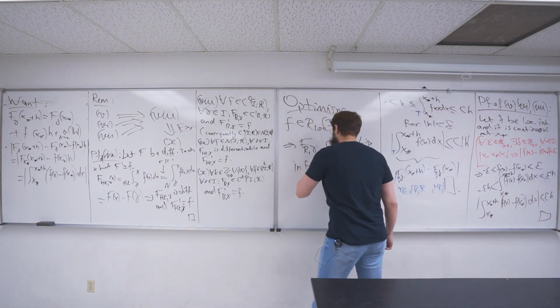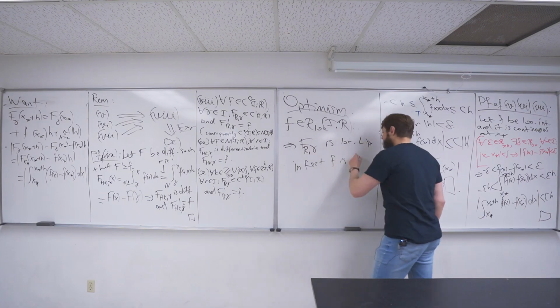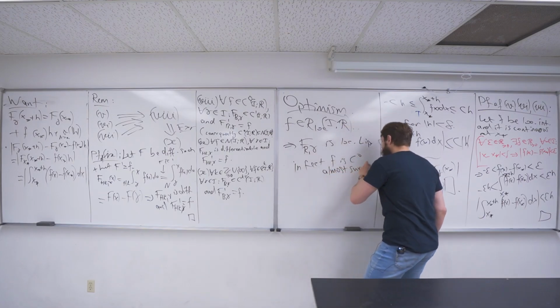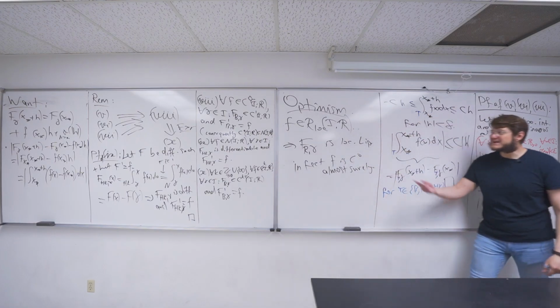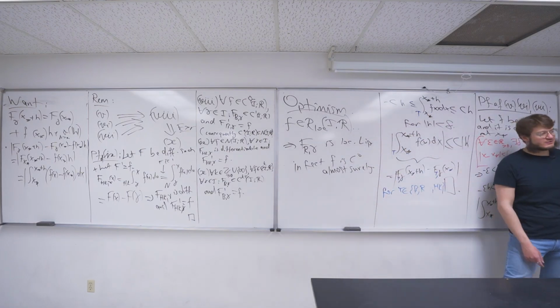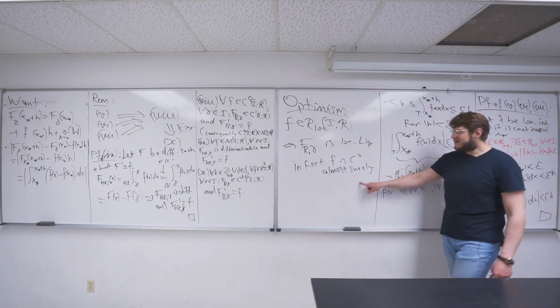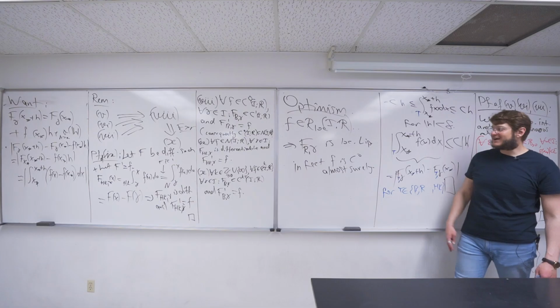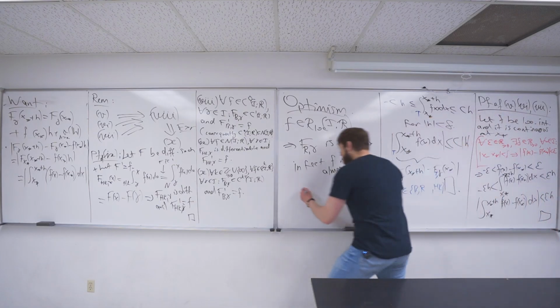In fact, f is C0 almost surely. That is to say, if you take a random point on the interval, the function is going to be continuous there. And therefore, again by FTC2, this uppercase F is going to be differentiable almost surely.